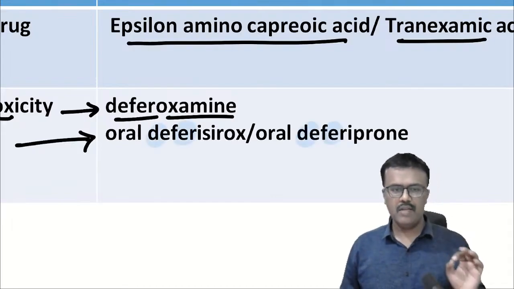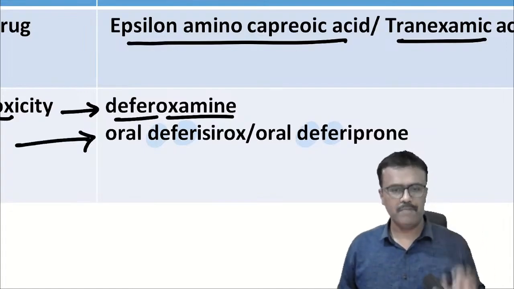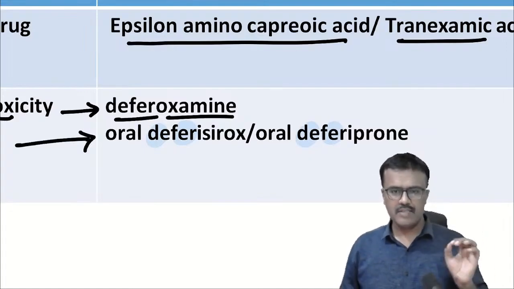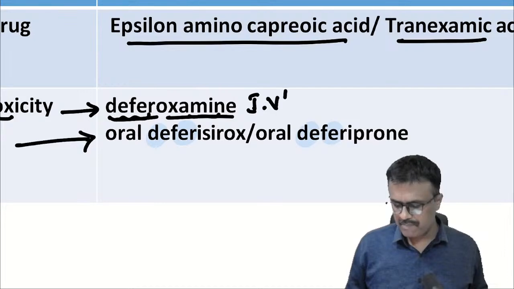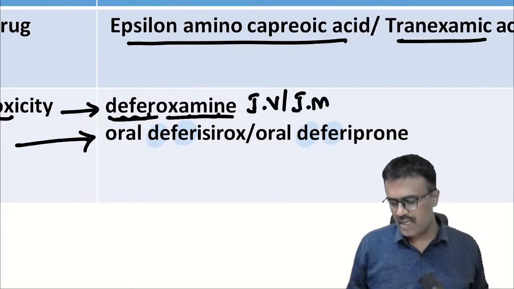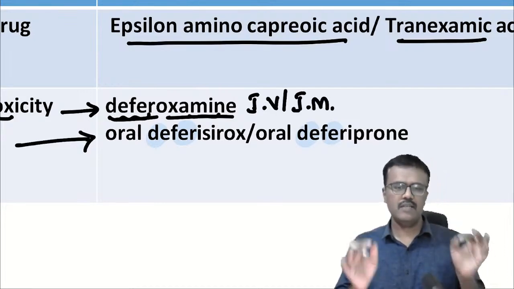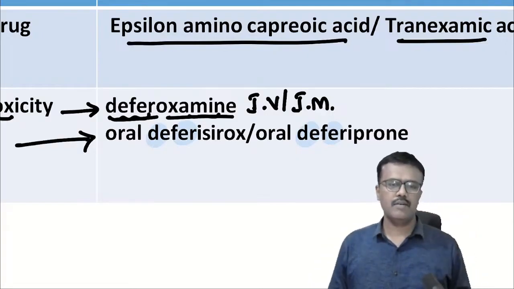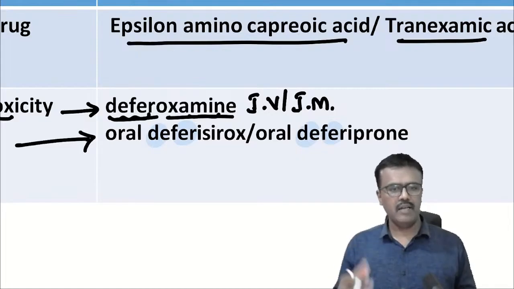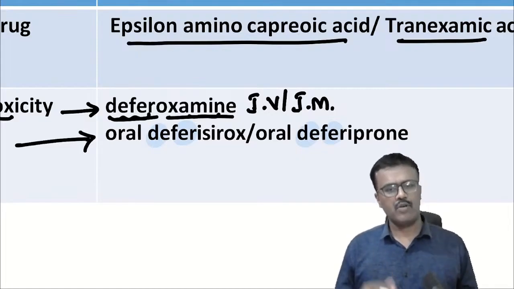So they are deferasirox and deferiprone. But in the exam you may confuse it. Remember, if they start with defer and amine, they are given IV or IM. Obviously IV or IM are for emergency, that is acute iron poisoning. So anything they give with defer, they are for chronic iron poisoning.